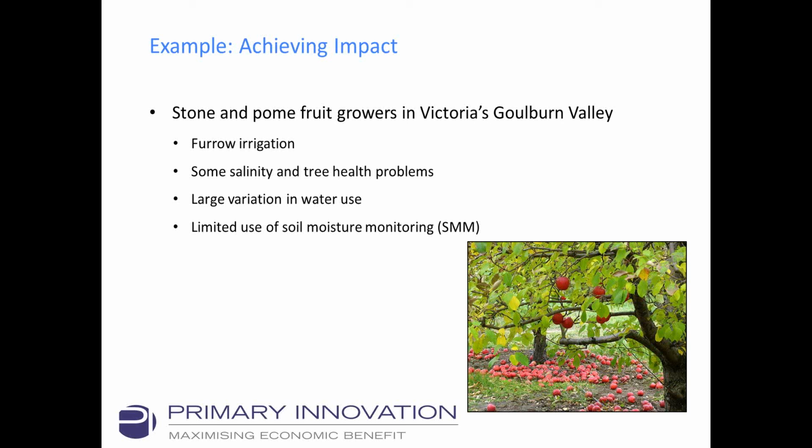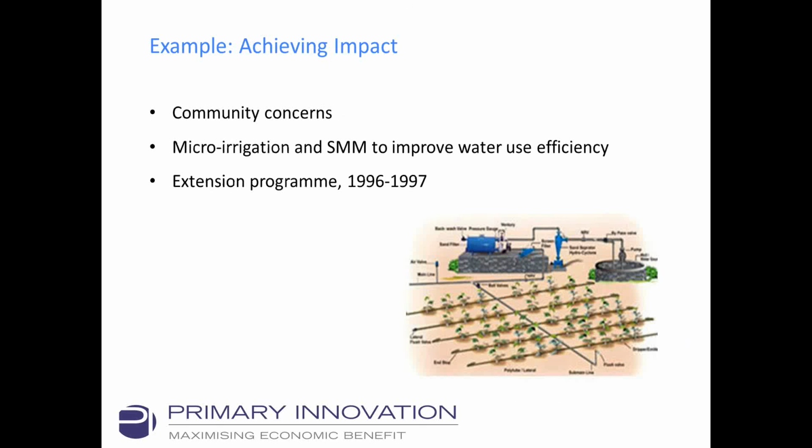As you can imagine, they also have a large variation in water use, because they have to order the water in advance, and there's limited use of soil moisture monitoring tools and systems. It's mainly family run, and it works quite well for them, but obviously the community around them has some concerns, because they have issues with rising water tables and salinity problems as well.